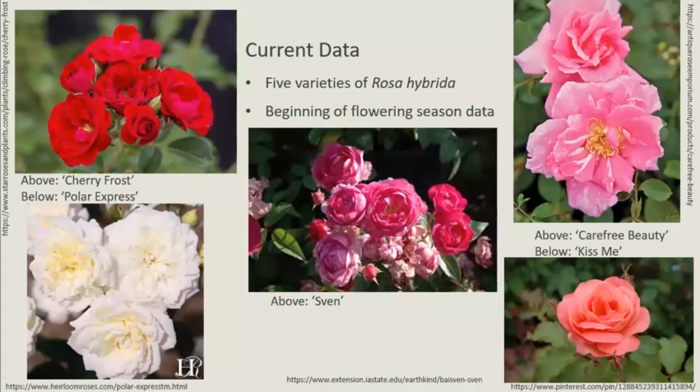The five varieties I'm working on are Cherry Frost, Polar Express, Carefree Beauty, and Kiss Me, which are four floribunda roses, and the fifth variety is Sven, which is a polyantha rose. I chose these five because they have a diverse genetic background, as well as flowering in that cluster formation, which you can see in several of the photos. Throughout my research, I'm doing five repetitions of each of the varieties to make sure that I have a variety of data collections.